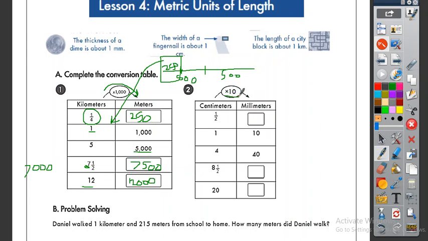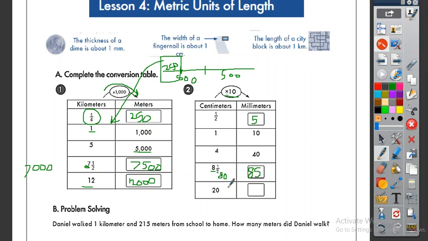Okay, now from centimeters to millimeters, you're going to multiply by 10. So what is the half of 10? Half of 10 is 5. Well, 1 times 10 is 10, 4 times 10 is 40, 8.5 times 10, well, 8 times 10 is 80, and the half of 10 is 5, so 80 plus 5 is 85.